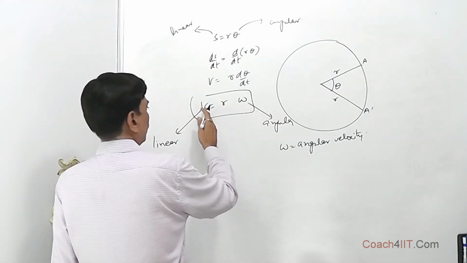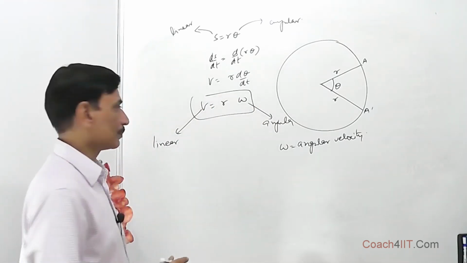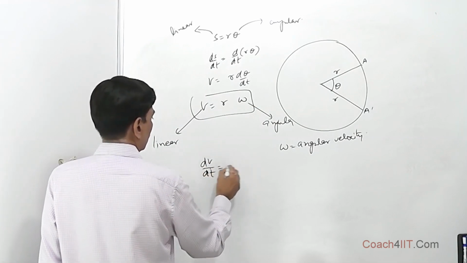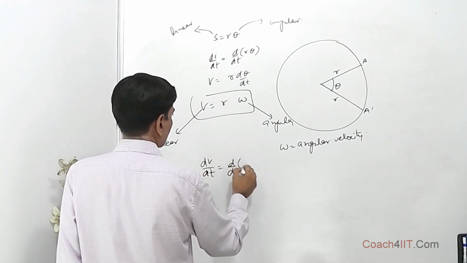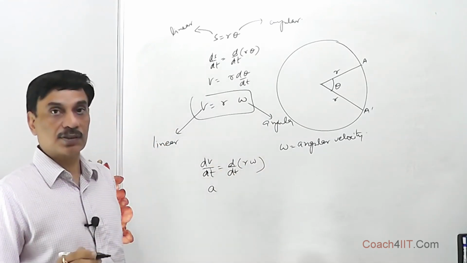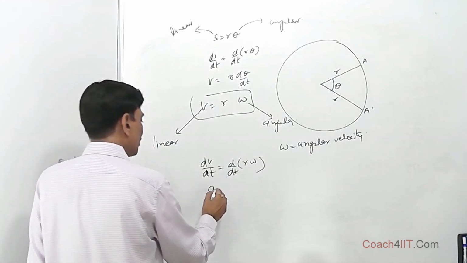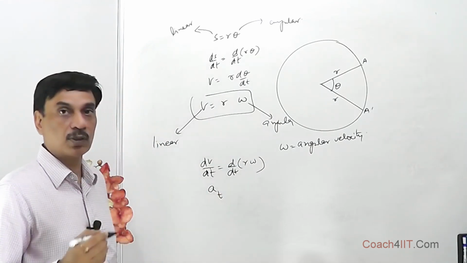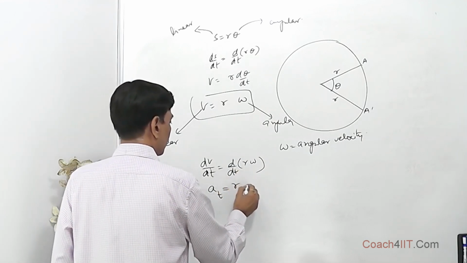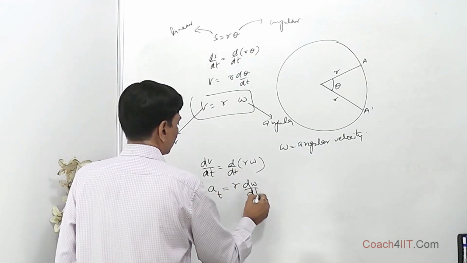Let's differentiate both the sides with respect to time. So this comes out to be dv by dt is equal to d by dt of r omega. dv by dt is acceleration. Which acceleration? This is not centripetal acceleration. This is tangential acceleration, because this is arising because of change of speed of the body. r is constant, so this comes out to r d omega by dt.